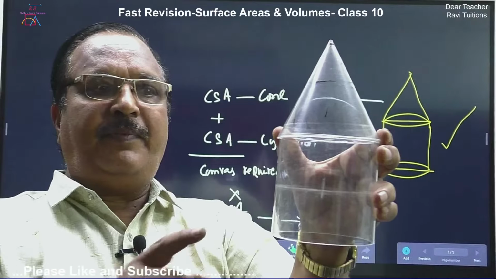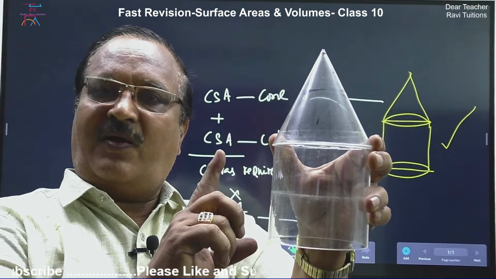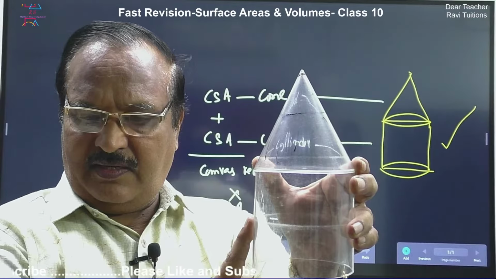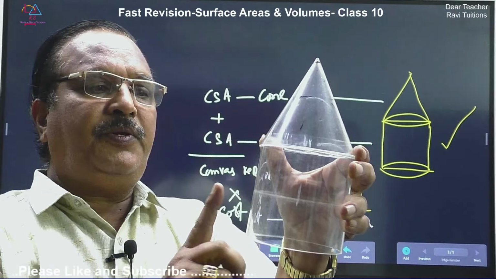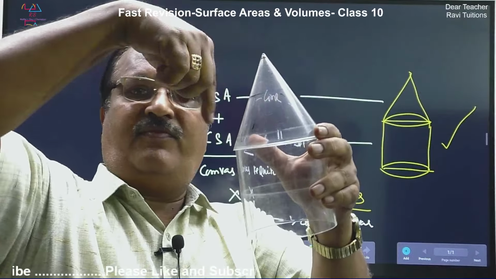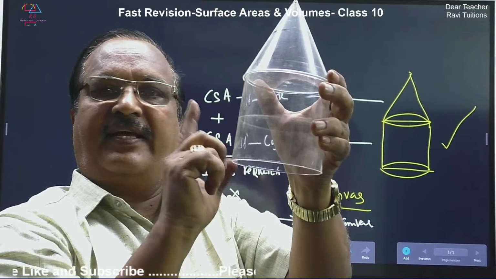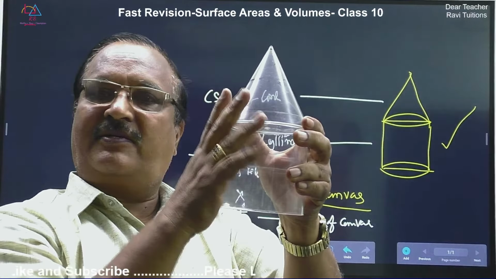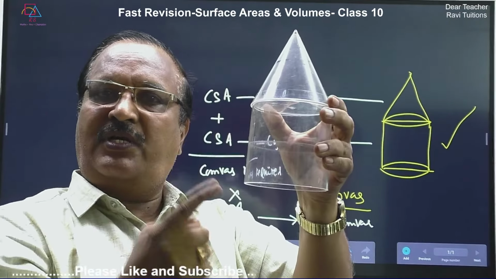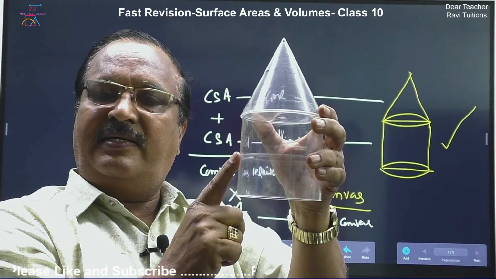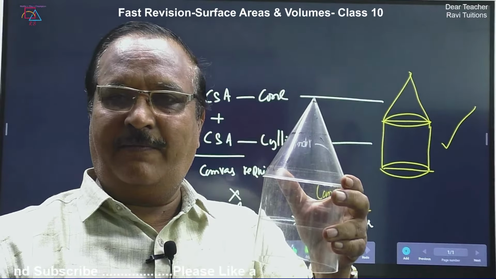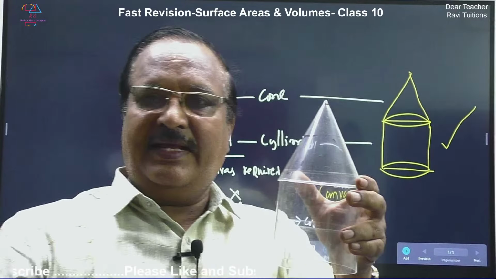Canvas cloth is needed means you have to find the curved surface area of the cone and the curved surface area of the cylinder. Adding the CSA of cone and the CSA of cylinder will give you the canvas required.